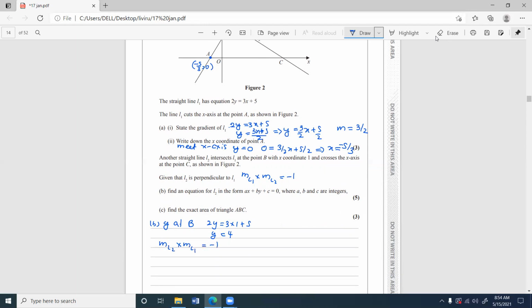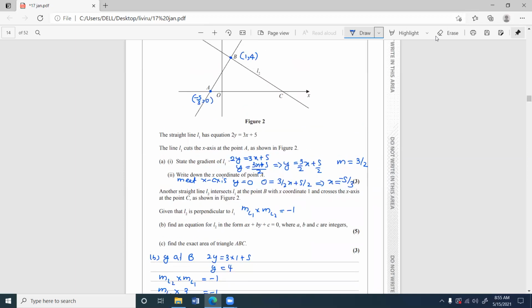The gradient of L1 we already found from here, 3 over 2, times the gradient of L2 equals minus 1. With this you can say the gradient of L2 is minus 2 over 3. Then this straight line has a gradient of minus 2 over 3, and it is passing through the point 1, 4, right?